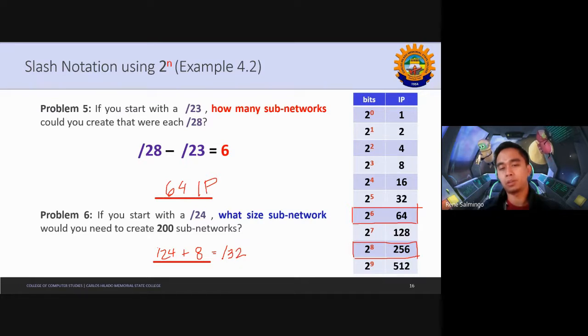Since you have 200 subnetworks, you will have only subnetworks until /32, but no hosts inside. It depends on how you're going to have it. So the answer for this is this one and this one, or the other.